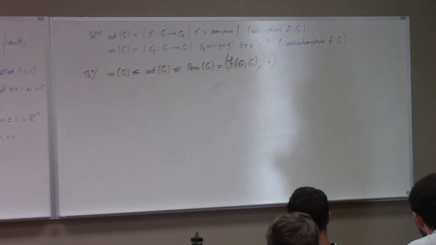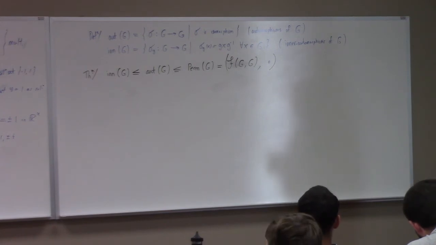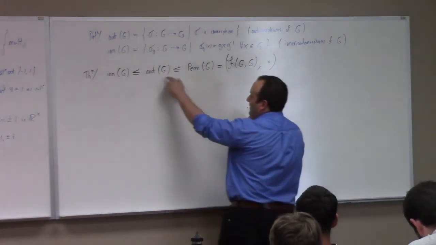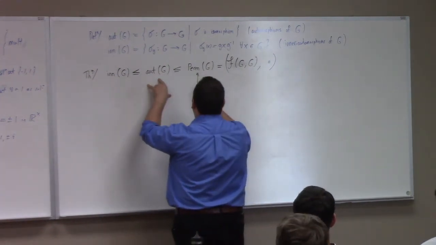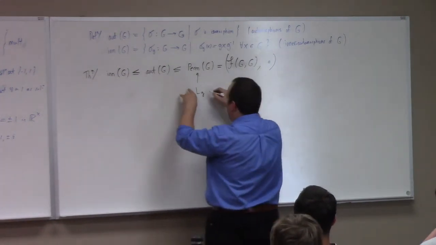Right, which makes them special. At the end of the last video lecture, we looked at a lot of things that were permutations, but might not have been automorphisms. So something that's in here, but maybe not in here, would be something like left multiplication by g, right?